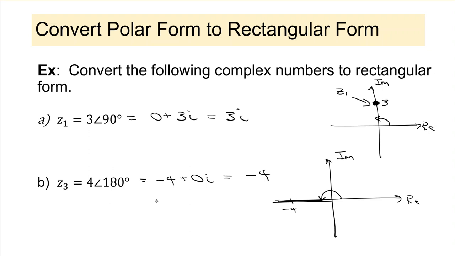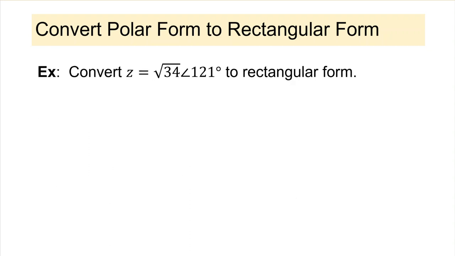Okay, so those were very easy and convenient to do. Let's see if we can do something slightly more complicated. What we're going to do now is convert z equals square root 34 angle 121 to rectangular form. Well, we have a pretty good idea of what this should end up being, but let's see if we get the right answer.